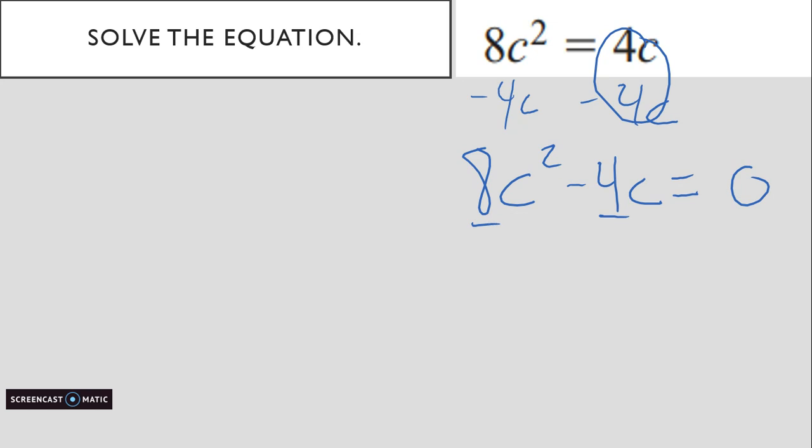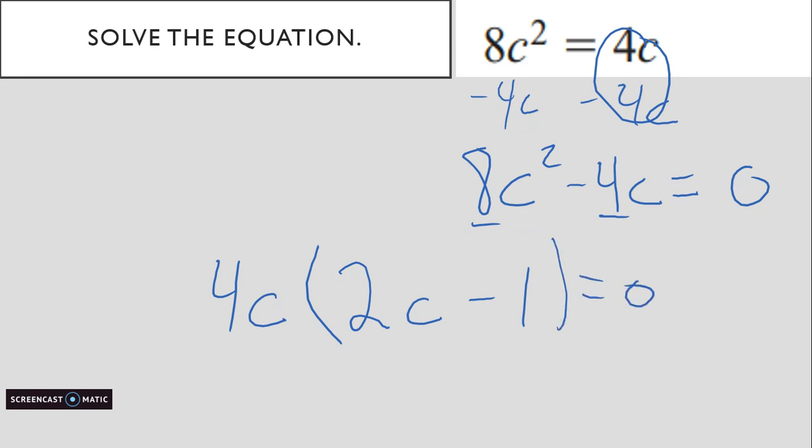I'm going to factor out a 4 and a c. Our GCF is 4c. 4c times 2c is 8c squared, and 4c times negative 1 gives us negative 4c, and that all equals 0.